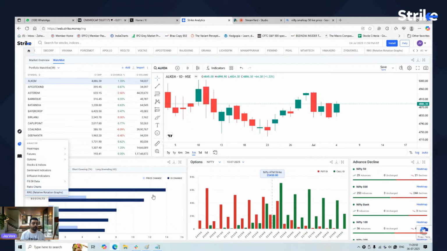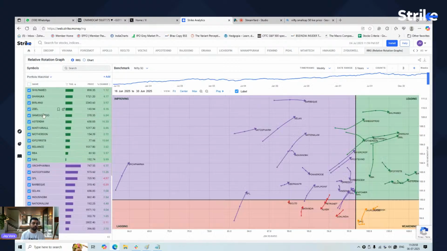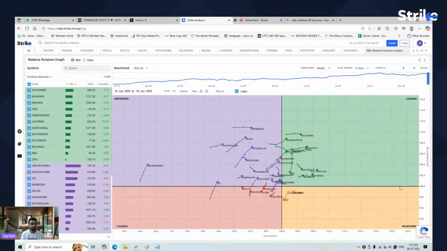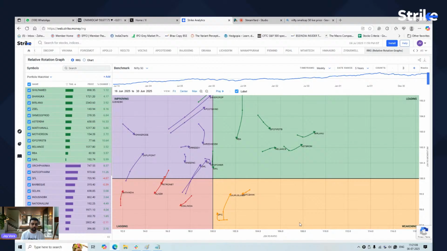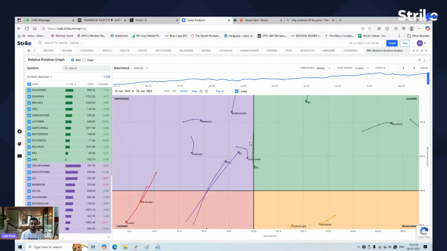I can go to RRG, click over here on portfolio watch list, and quickly see what the stocks are doing. Now say for example, within one look, I can see that Tata Power is going down, Gail is going down. Gail broke out on the weekly, but the momentum is falling, and this is not a good sign.